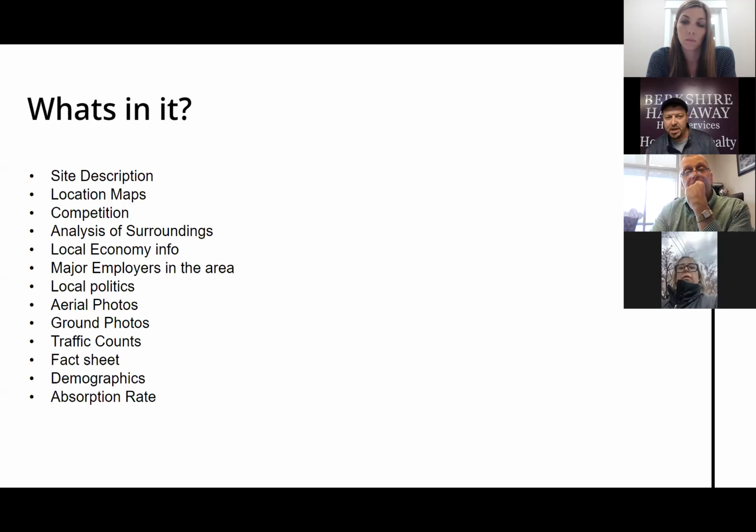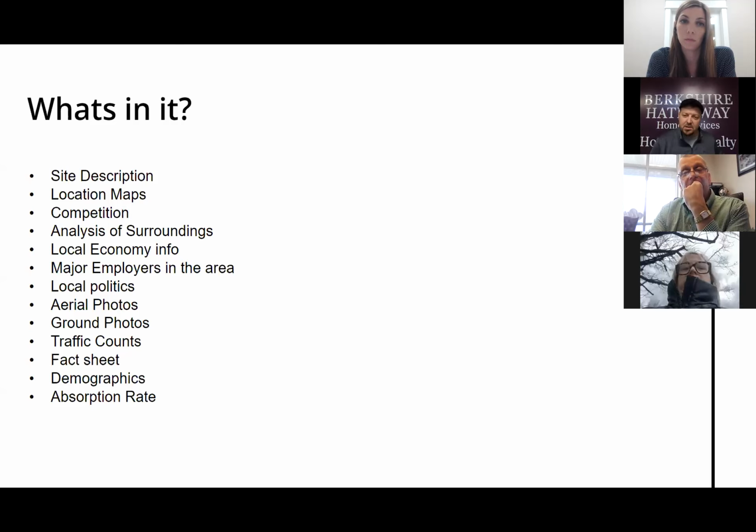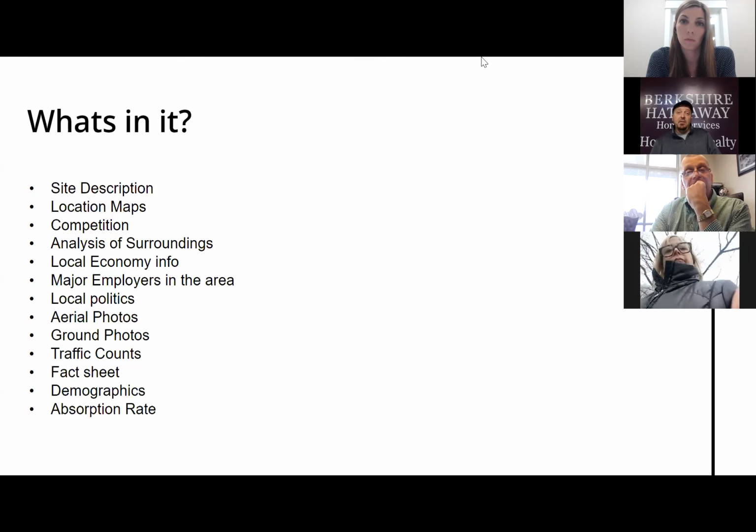So it goes jobs, people, houses, retail. When you're looking at a major area development, you're going to say how many jobs are in the area, or how many jobs can we create for that area. And then based upon the amount of money that those jobs pay, what is the housing demand in that area?